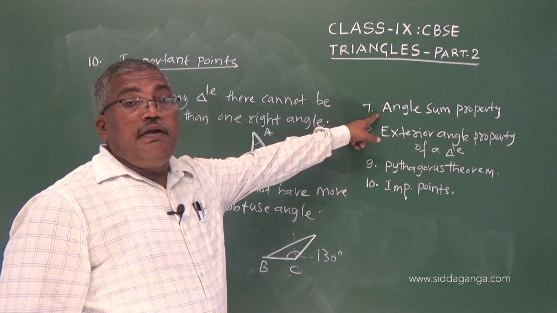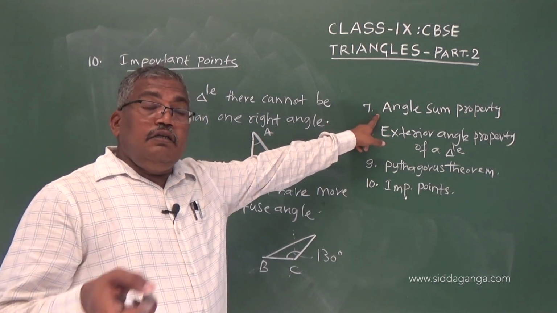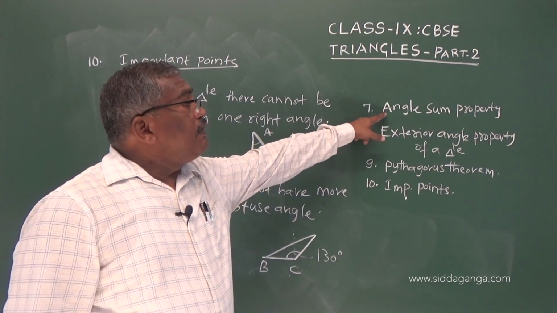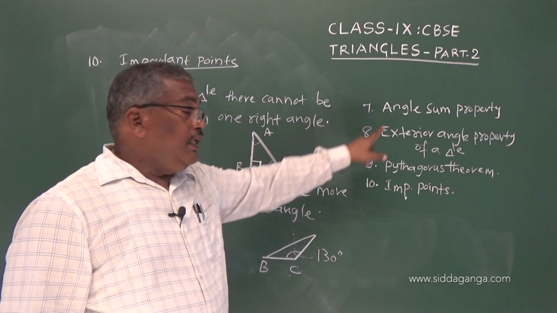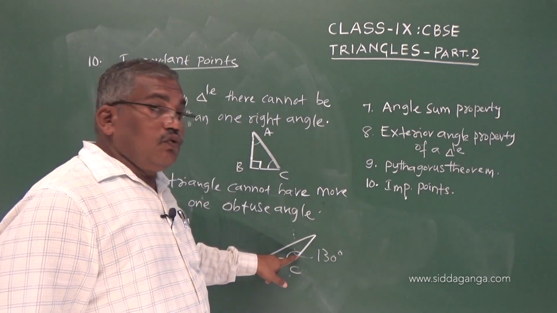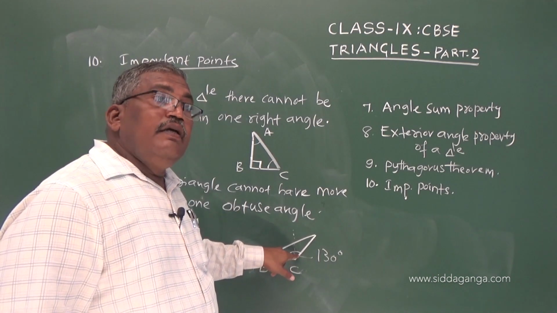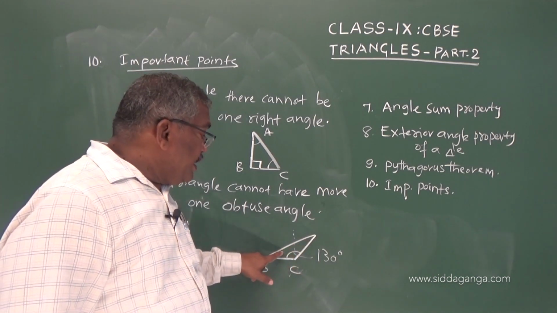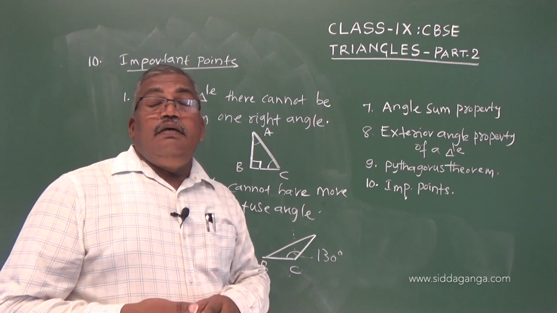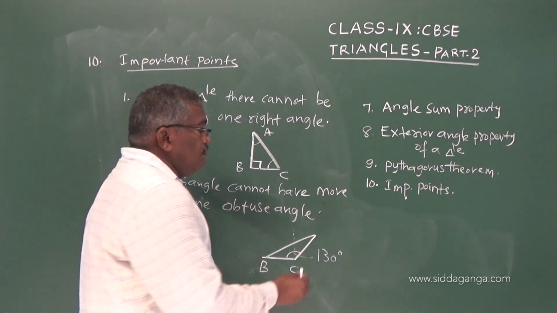Angle sum property: the sum of three angles cannot be more than 180 degree. It will always be 180 degree. Suppose one angle is obtuse, more than 90, the other two angles must share the remaining value in 180.